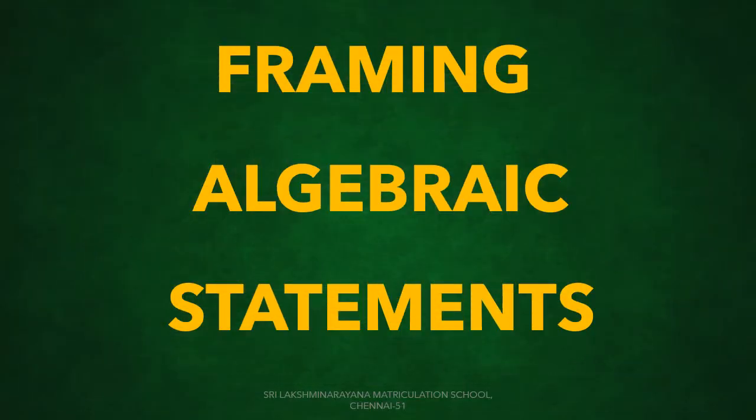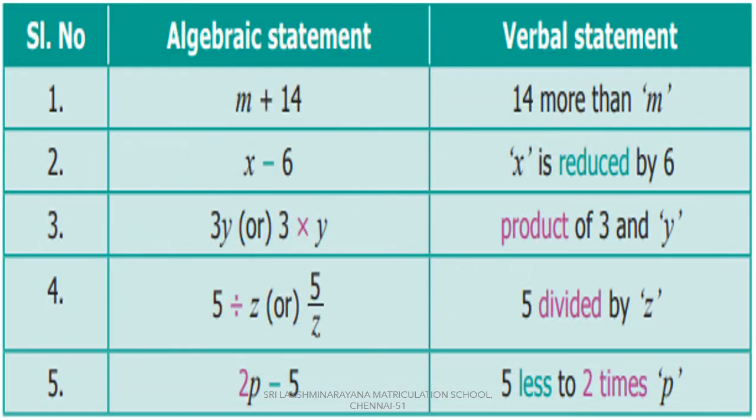In our upcoming slides, we are going to form algebraic statements when the verbal statement is given. Children, this table will show how to make an algebraic statement into a verbal statement.